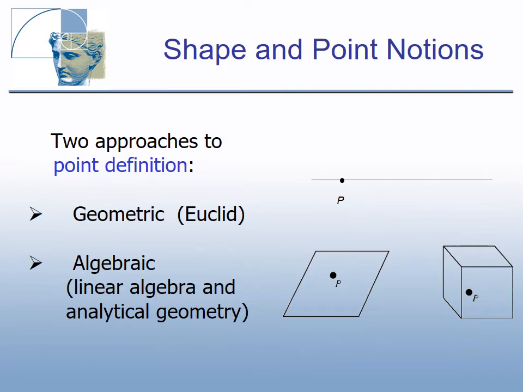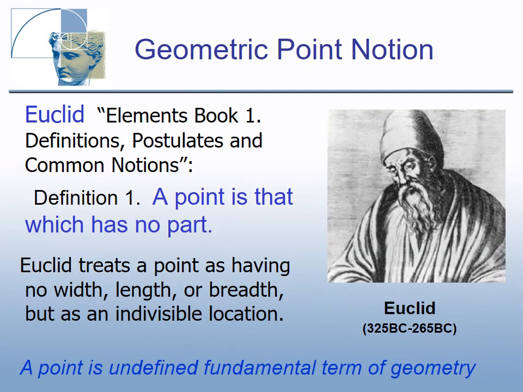There are two approaches to defining a point: geometric, originated by Euclid, and algebraic, from linear algebra and analytical geometry. You can see the definition of point provided by Euclid in this slide.